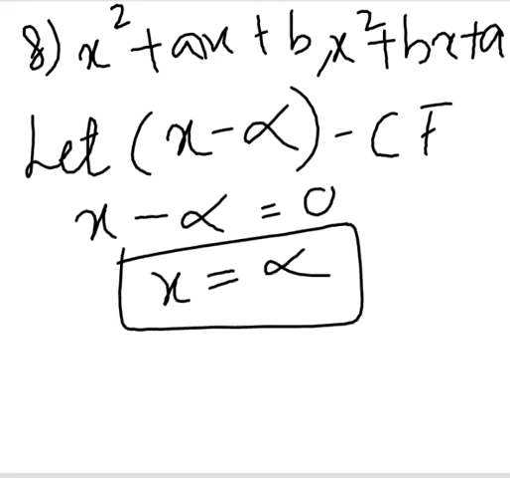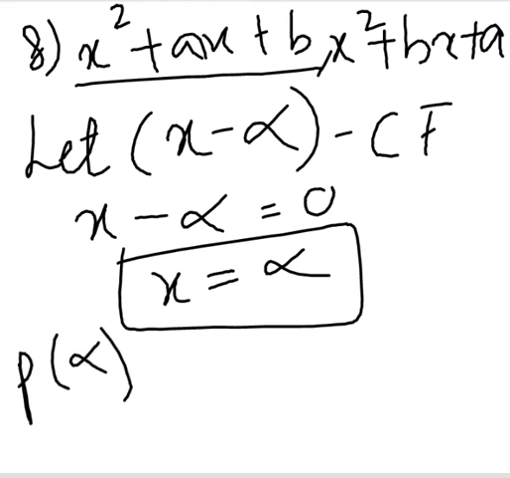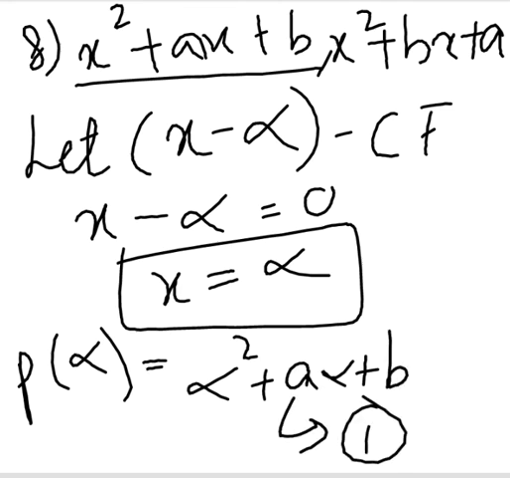Now wherever you find x in the first equation, just put alpha. So instead of p of x, we will put p of alpha. p of alpha is equal to alpha square plus a alpha plus b. This will be the first equation.